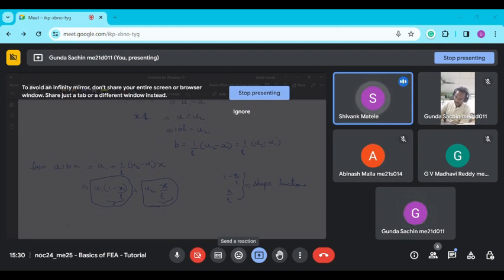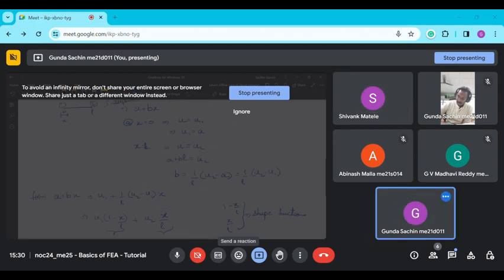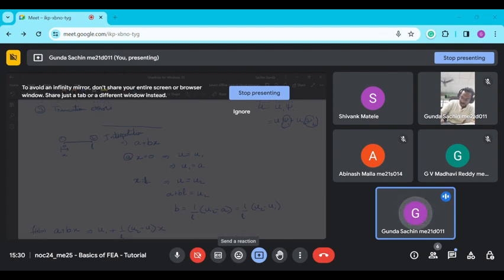But then the shape functions will be 1 minus x by L and x by L, not a plus bx. That is just context-wise; it just changes.